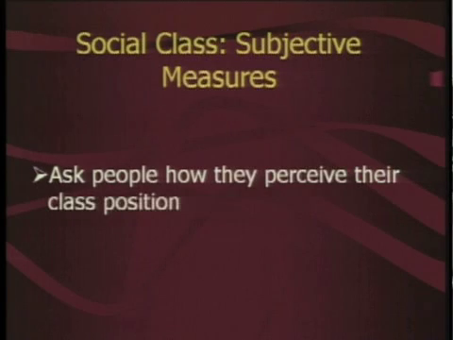So the subjective measure is you ask people what class they're in, and then you try to determine, based on objective measures, how close they are. And what we have found is that people are pretty close, because we have a very strong class consciousness. Again, we see ourselves, we see our neighbors, and we see groups that tend to fit together in terms of similar tastes, similar lifestyles, similar residential facilities, similar, if not identical, occupations.